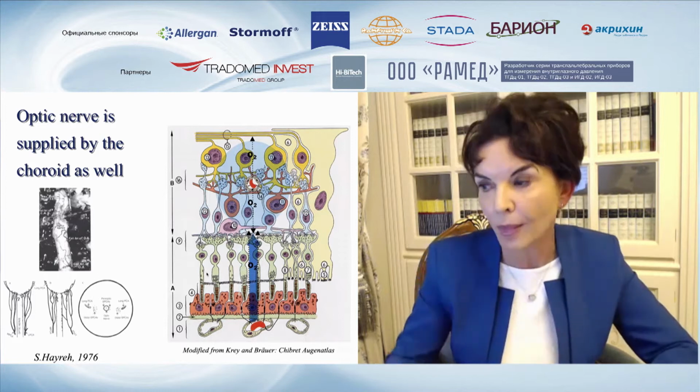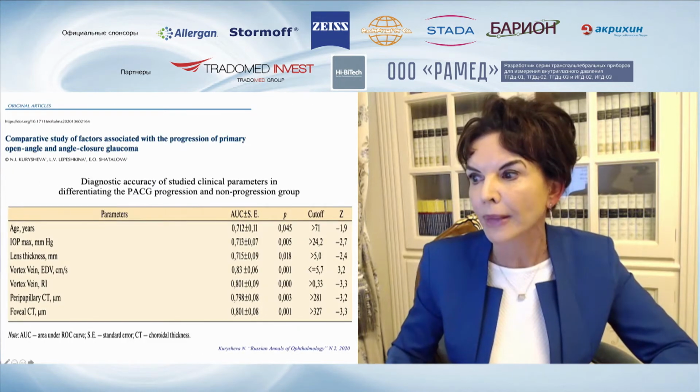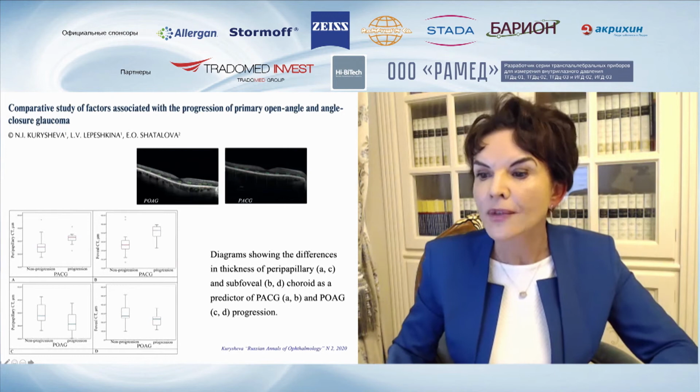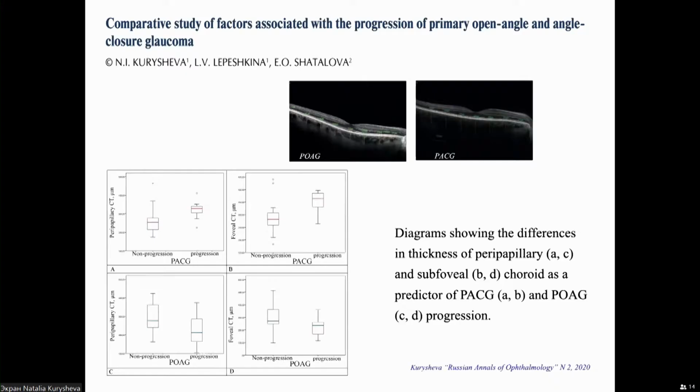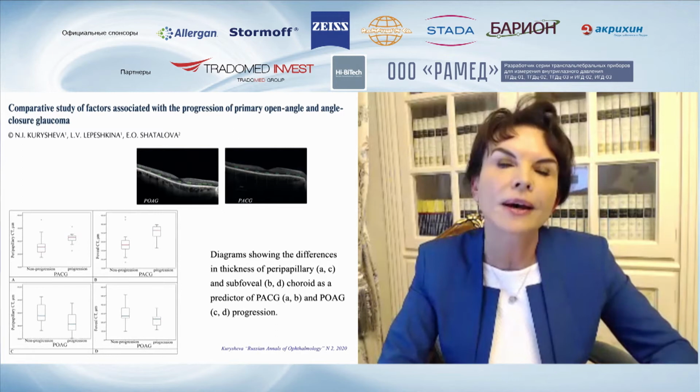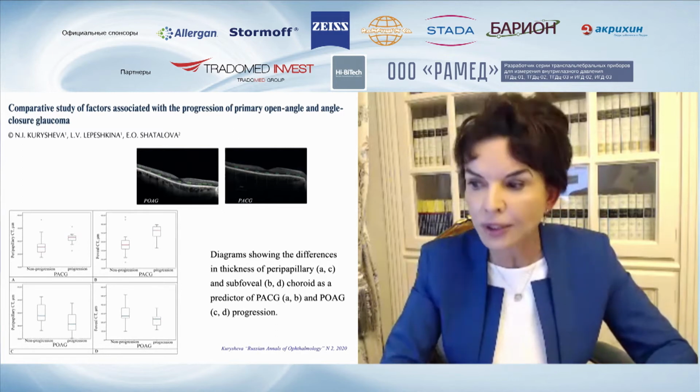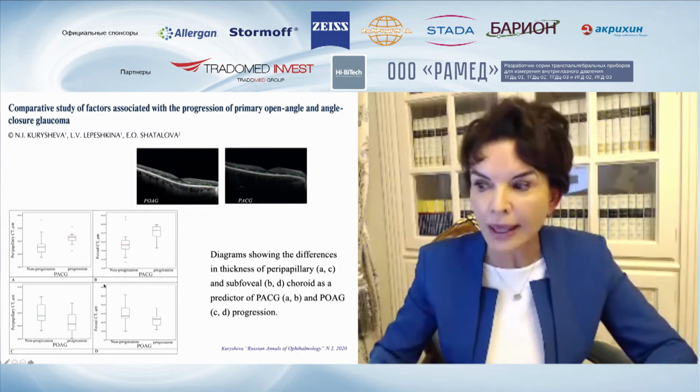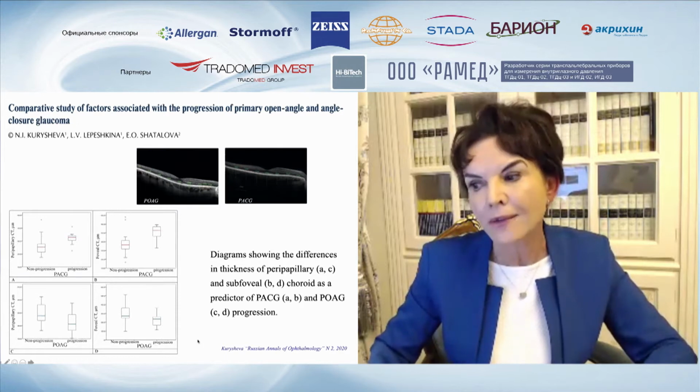It is interesting that we have studied the predictors of glaucoma progression in both forms of glaucoma, and it was a prospective longitudinal study with a follow-up period of 6 years. We have detected that the progression of primary angle closure glaucoma is associated with a thick choroid, in contrast to primary open-angle glaucoma, which is associated with a thinner choroid.